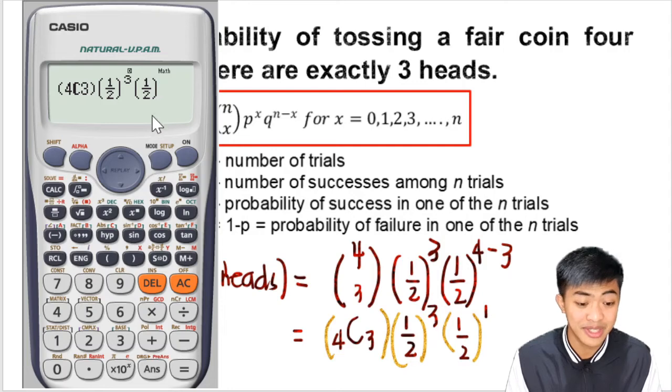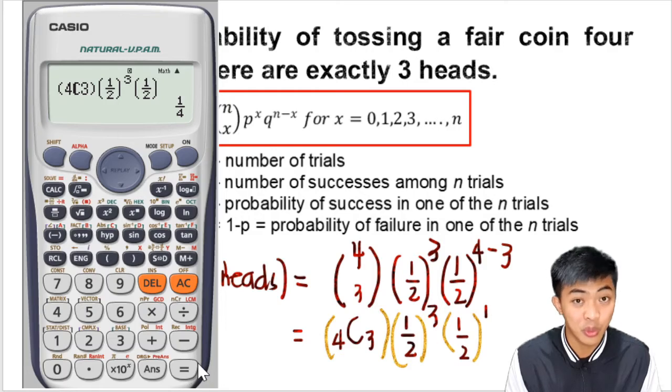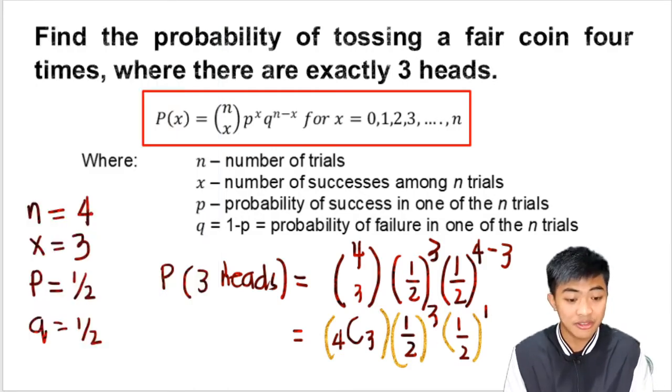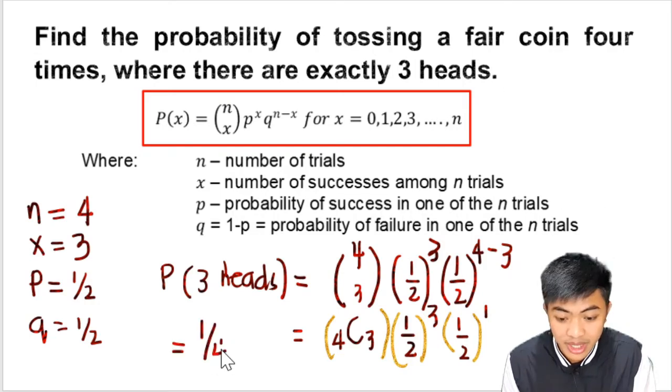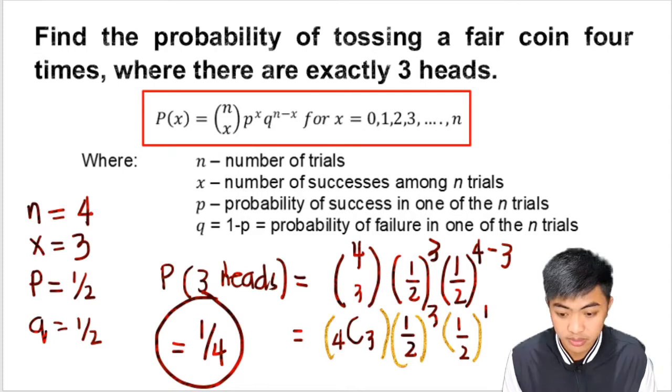So we don't need to put it here. And equals, the answer is 1/4. So the probability of getting exactly 3 heads in tossing a coin 4 times is 1/4. So that's how we're going to use the formula.